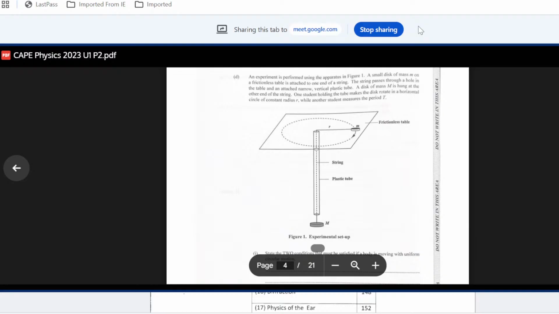The string passes through a hole in the table. Alright, so you have this setup, radius r, time period t.